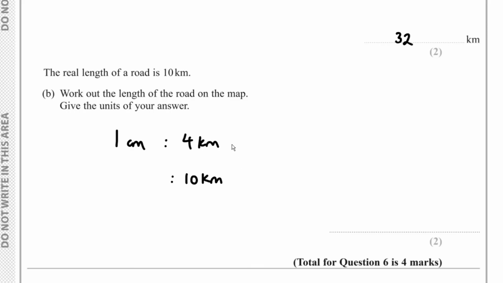To go from 4 to 10, I multiply by 2.5, which means I also have to multiply the 1 centimeter by 2.5. So here we have 2.5 centimeters.